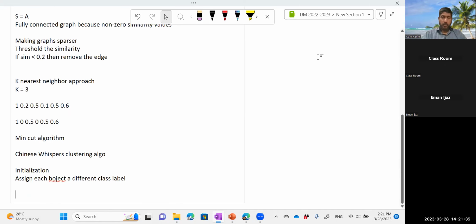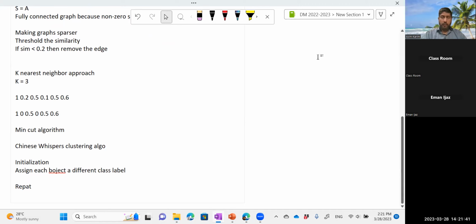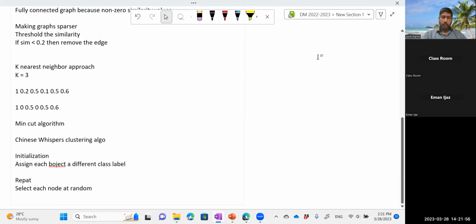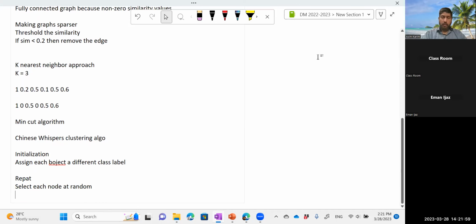Since you have a graph, then you basically do a repetition. So select each node at random. The original algorithm is best applied in a randomized fashion. Select a node randomly, ठीक है? And then assign the majority class of this node's neighbors to it.